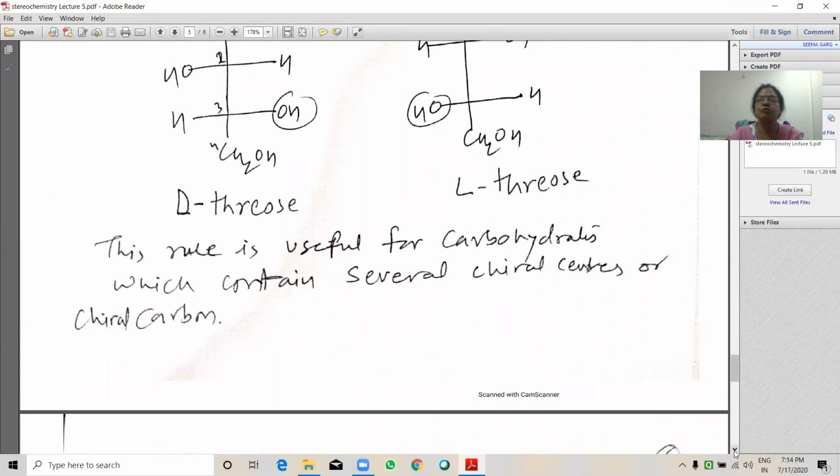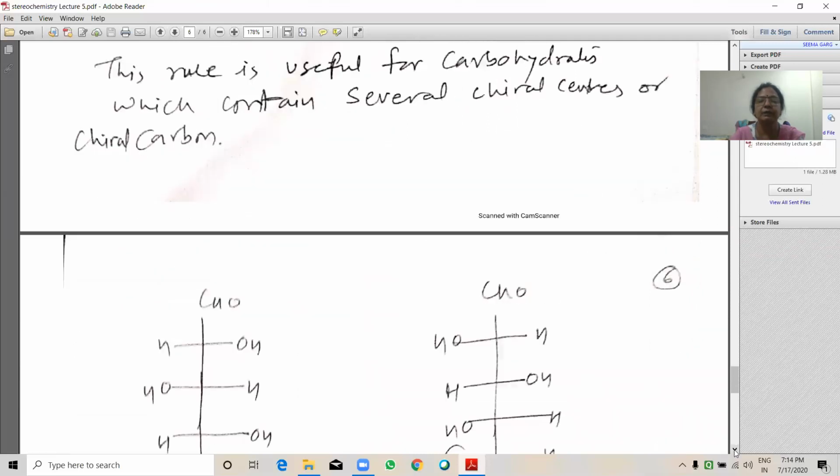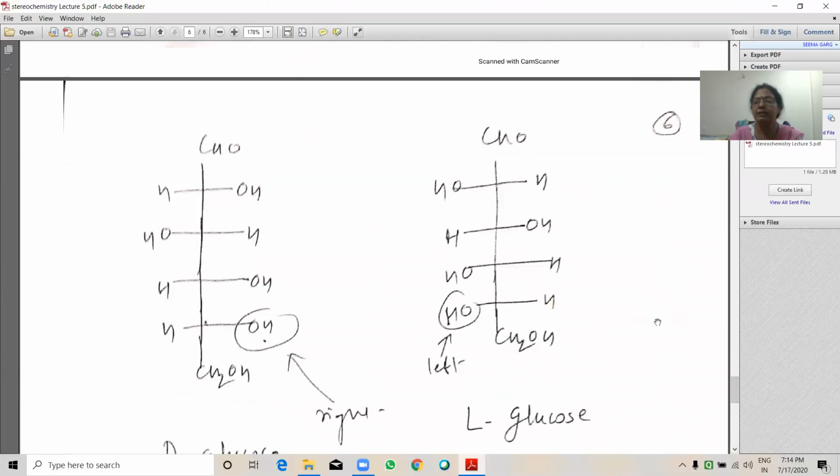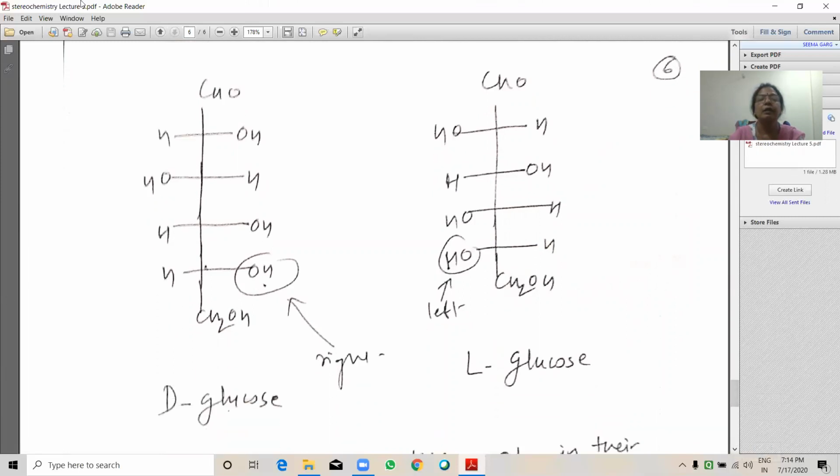This rule is useful for carbohydrates, which contain several chiral centers or chiral carbons. See here, this glucose: the highest chiral carbon is this one, and here the hydroxy group is on the right hand side, so it is capital D-glucose.